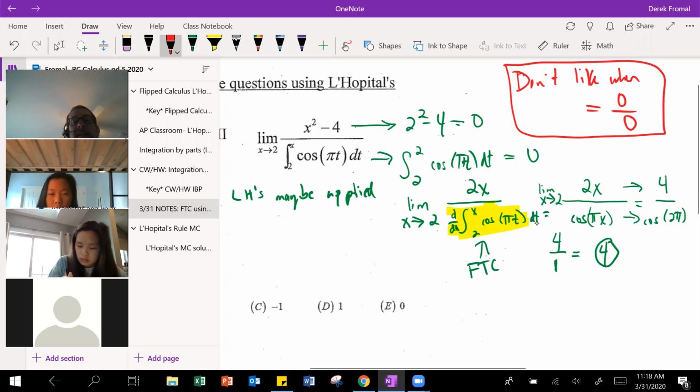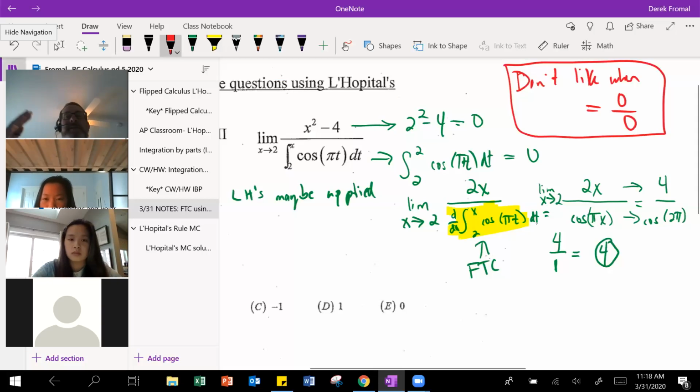It's okay to say that the top is approaching 0. It's okay to say the bottom's approaching 0, because then you're saying, okay, L'Hopital's can be applied. But what I learned last year grading is on the free response, if you wrote equals 0 over 0, they wouldn't give you credit for that, because really 0 over 0 is not any kind of answer. It's not undefined. It's an indeterminate form.